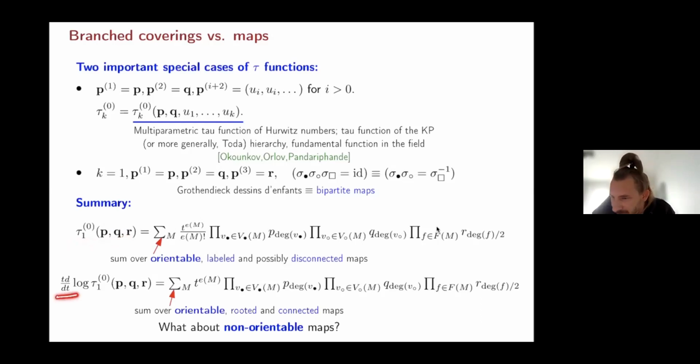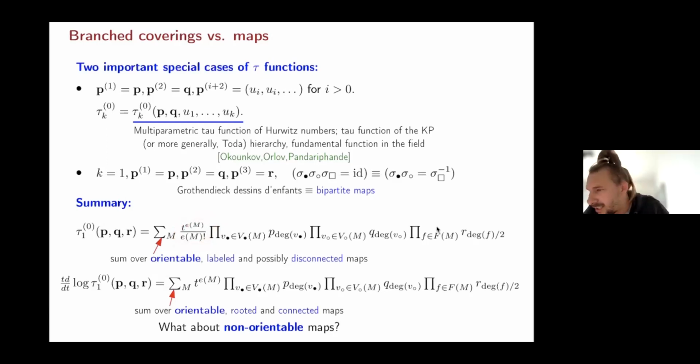And if I take the logarithm and t d/dt, I get a generating function of orientable, rooted, and connected maps. The difference between these two is that in the first case I have an exponential generating function, while the second is a true generating function. So this is really a generating function of orientable, rooted, and connected maps.